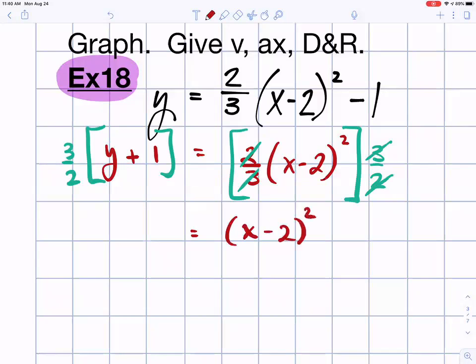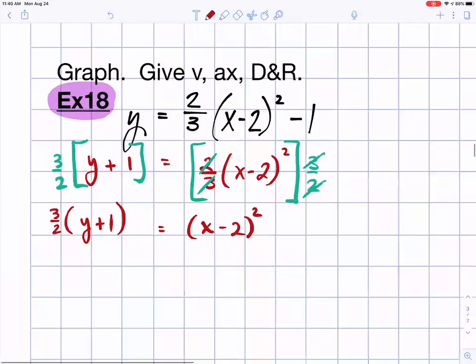I like that that's alone, okay, because that's what my standard equation in Math 111 does. And then on the other side, it's basically already set up for me, right? So we got 3/2 times the quantity y plus 1. Now, I know those two sides really should be switched, okay, and I'll take care of that in just a minute.